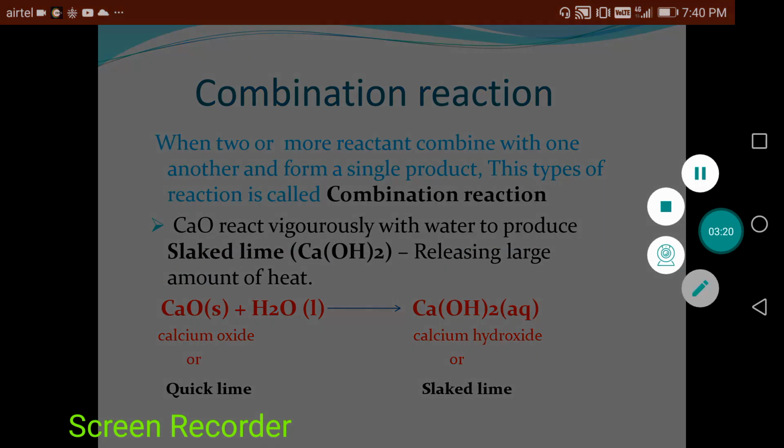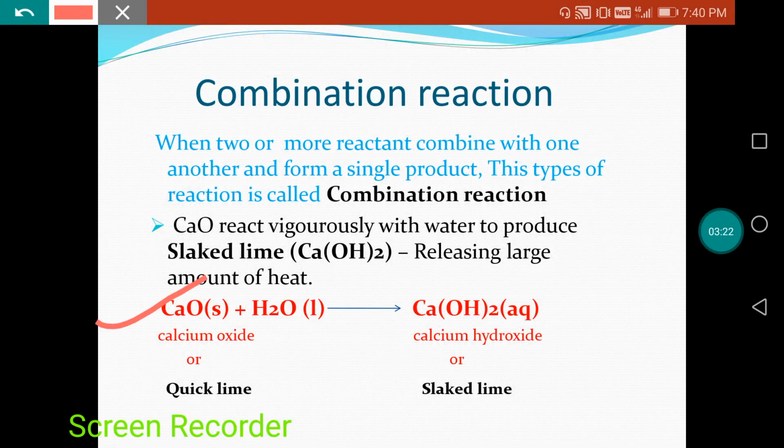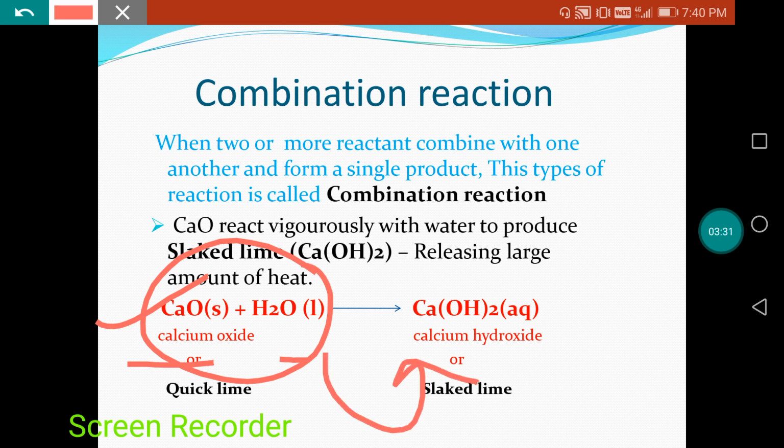See here, when two reactants, calcium oxide and water, react with one another and form a single product, calcium hydroxide, this is a combination reaction. One thing you should also remember: calcium hydroxide is also known as slaked lime and calcium oxide is also known as quicklime.